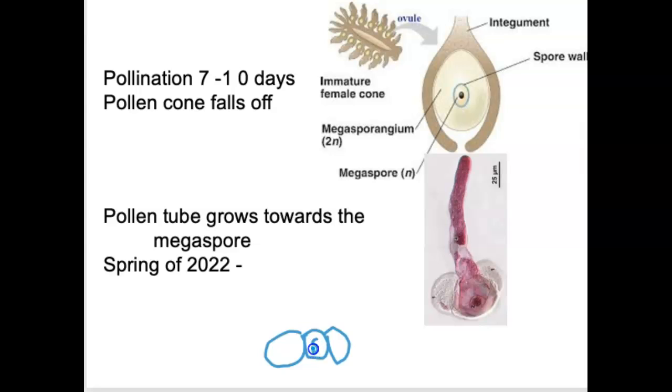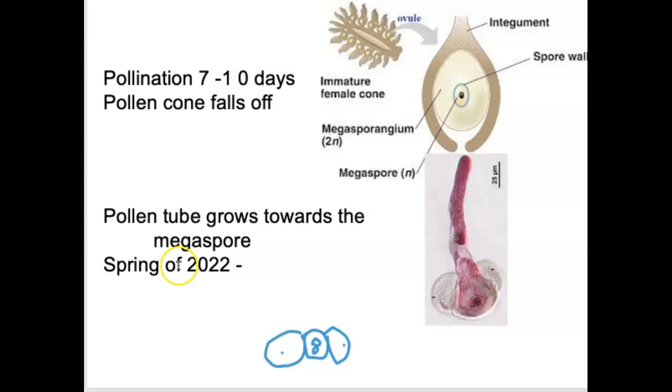This is where the genetic material is housed, and then you have these two wings on the side of the pollen. But then this structure called the pollen tube grows towards the megaspore or the egg. In some cases, that takes a year, just for that to grow.